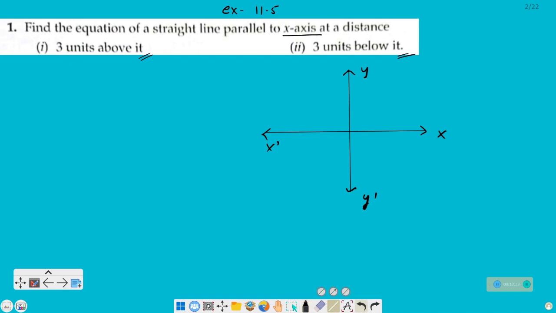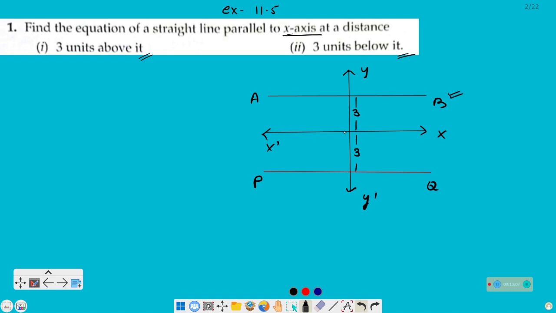First line is parallel to x-axis and 3 units above it. Suppose this is the line AB and this distance is 3. Second line is 3 units below it, PQ. This distance is 3.